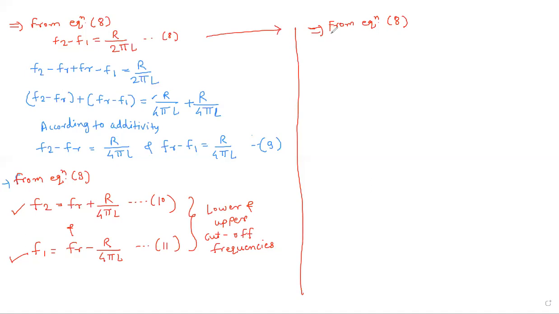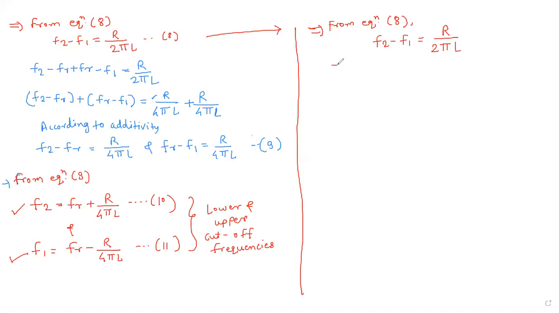We are taking the help of equation number 8. What is equation number 8? That is F2 minus F1 is equal to R by 2 pi L.